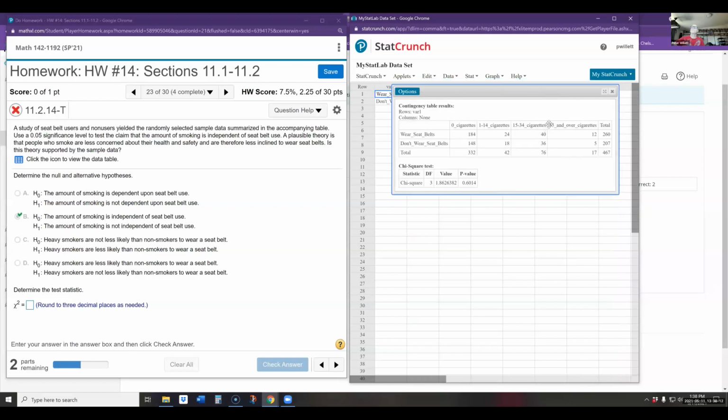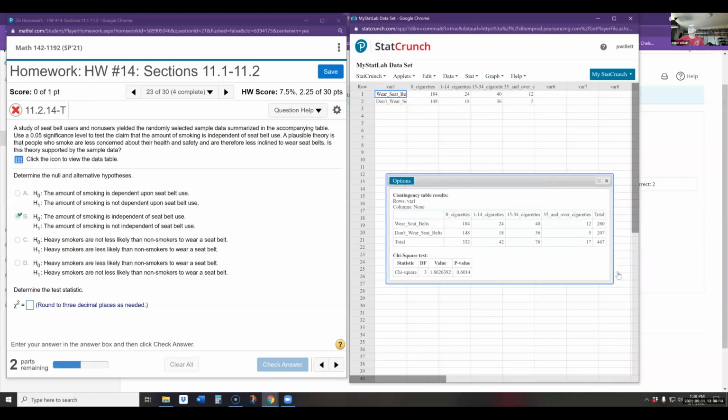We get a repetition of the table, but the nice thing is they add a little bit. They show us the totals for each row, the totals for each column, and the total number of observations altogether. That's kind of helpful. The degrees of freedom is here. They tell us this is a chi-squared statistic, and then they give us the chi-squared value and the p-value.